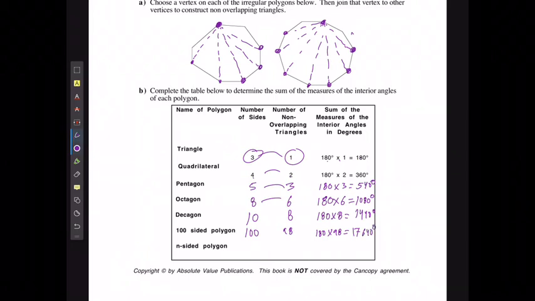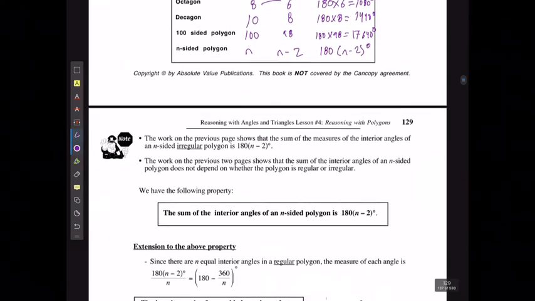Or if I had an n-sided one, the number of sides is n, the number of triangles is going to be n minus 2, which means that it's going to be 180 times (n minus 2) degrees, which is the exact same thing we found with the regular polygons.